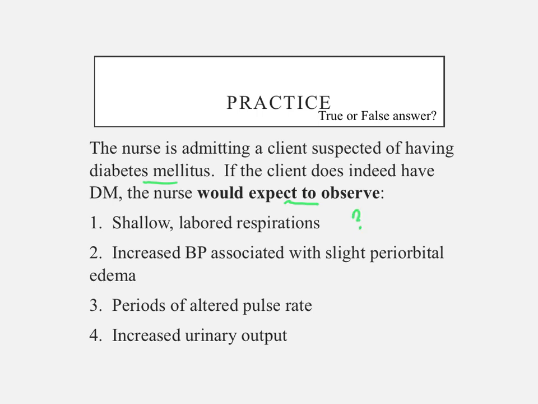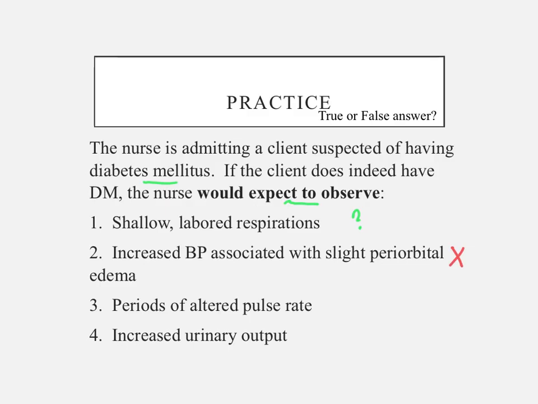Increased blood pressure associated with slight periorbital edema. Well, I don't remember periorbital edema for diabetes, so I'm just going to put an X because I don't think that's correct. Number 3, periods of altered pulse rate.